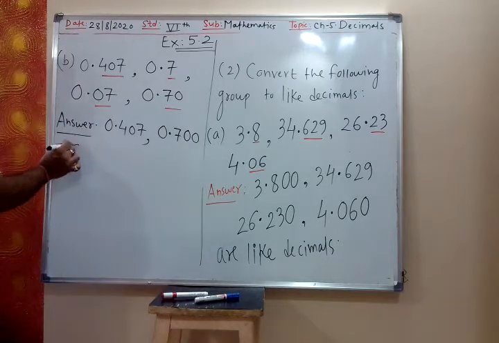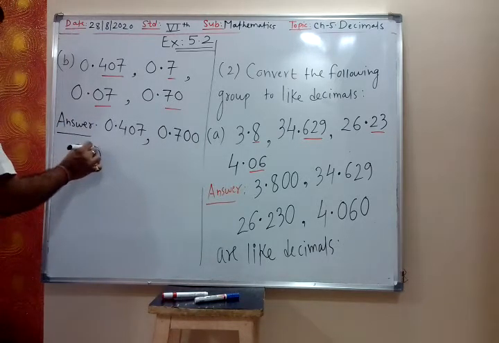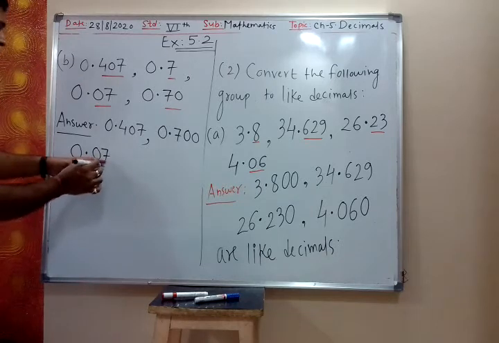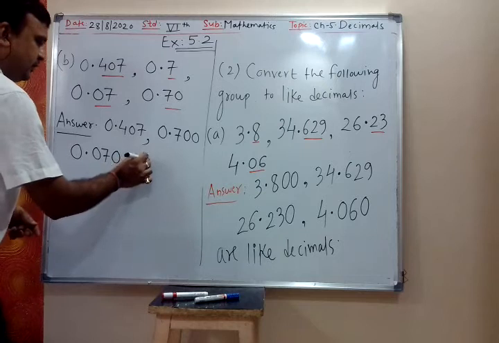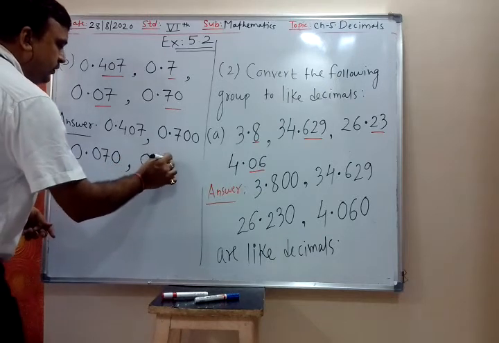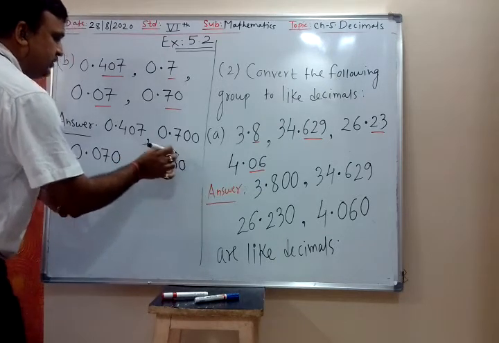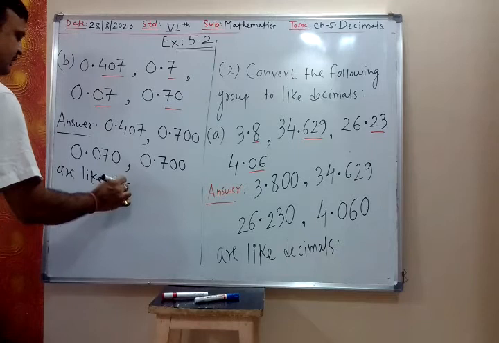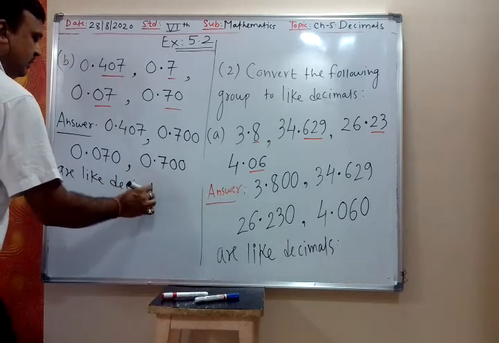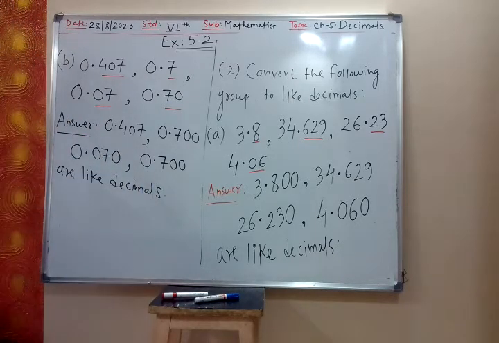Next 0.07, that is 2 digits, I want 3 digits, so I will add 1 zero. Then 0.70, we want 3 digits, so I will add 1 more zero. So they are like decimals.